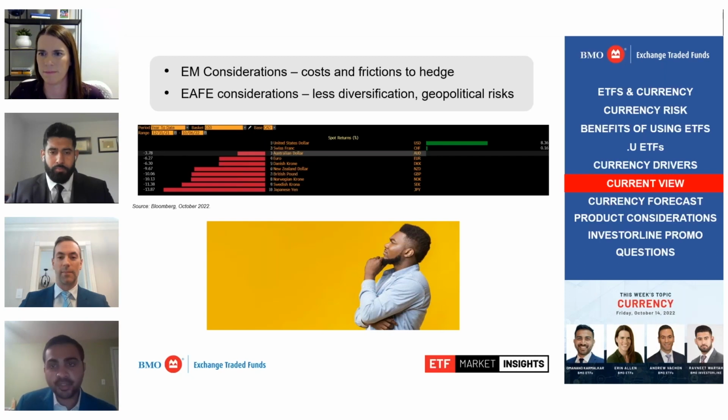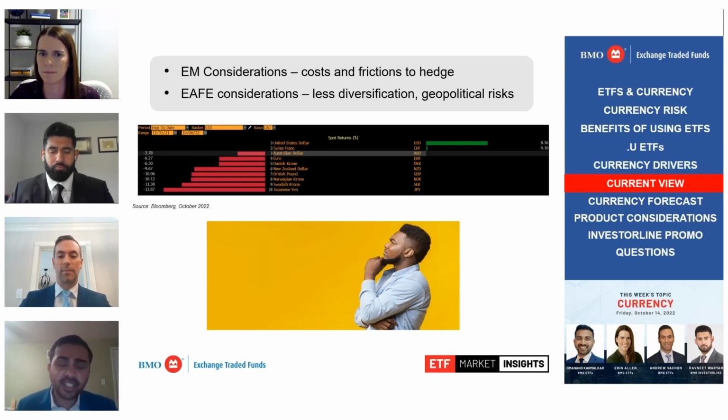In terms of considerations, in Europe, it's a very risky space currently. There's less diversification and higher geopolitical risks. To give you an example, just focusing on Russia and Ukraine, we can see that during the period a lot of their economy, their GDP growth, has come to a halt because of the energy crisis.